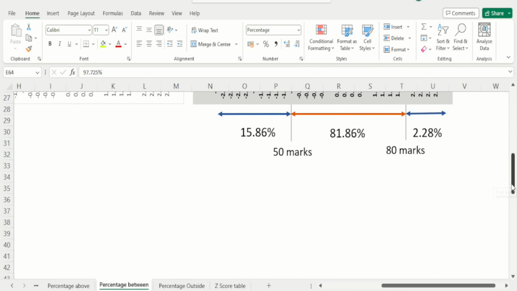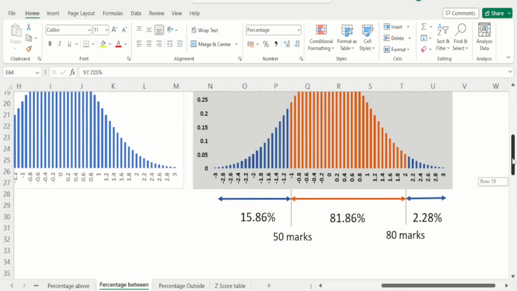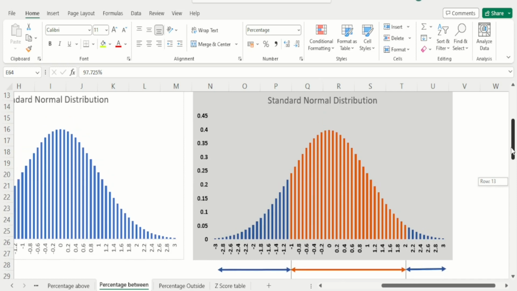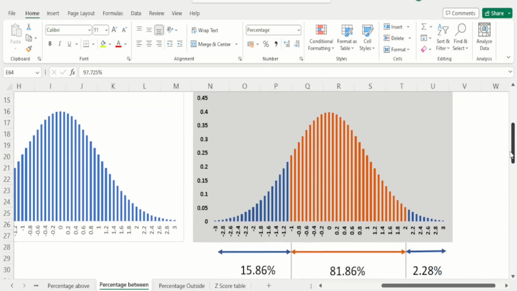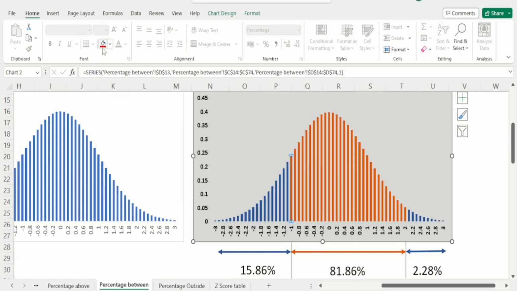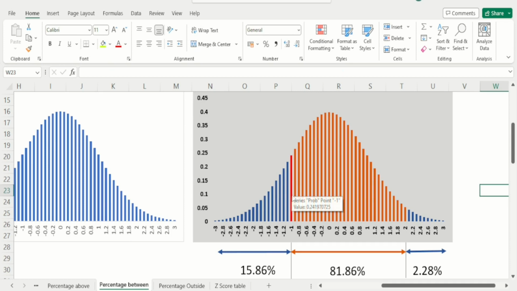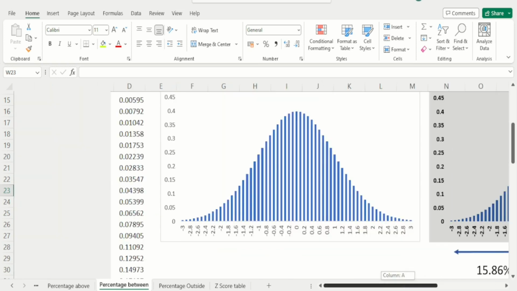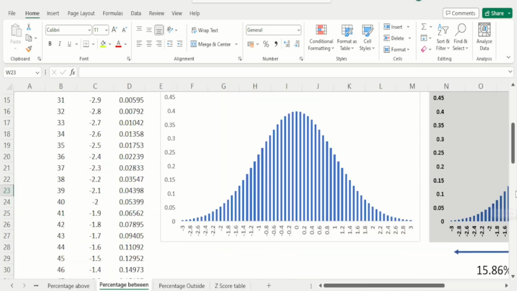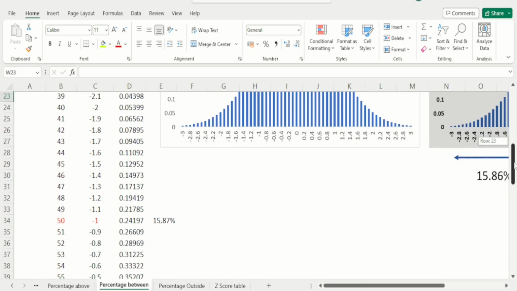let's understand this. If you were to look at this graphically, you will see the point which is -1 on this, let's just mark it. The first red colored column here represents the -1 z-score, which is nothing but, remember, the first student's score was 50. The -1 represents 50.